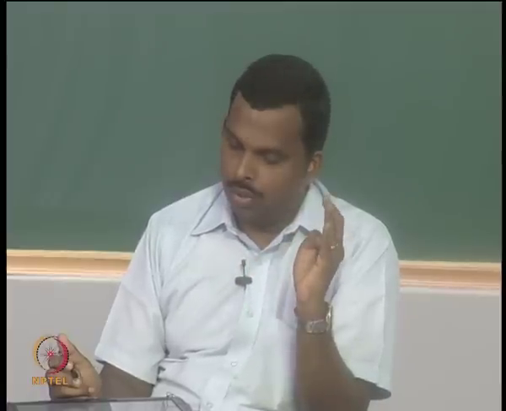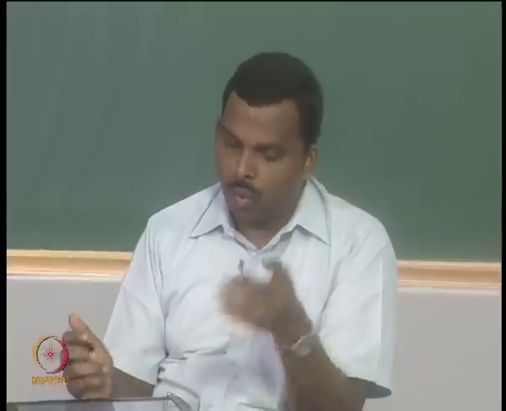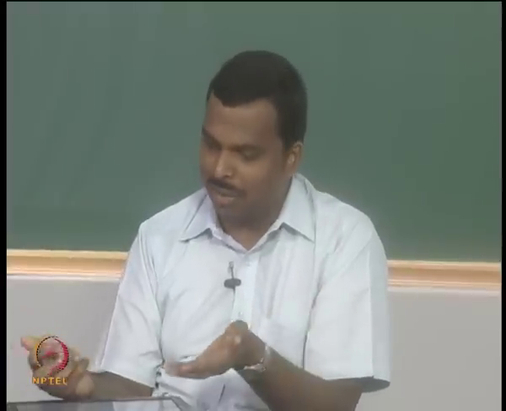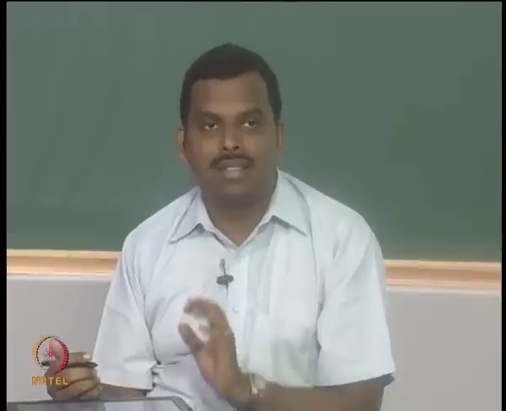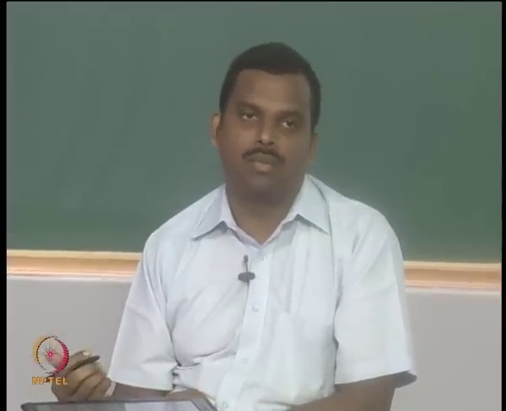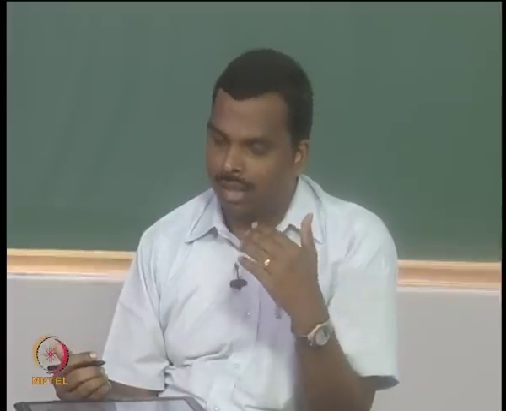So why the Tanner graph? You might say, okay, the parity check matrix itself has all this information, why do I need to go to the Tanner graph? It turns out the decoder that we will be considering for LDPC codes, which works really well and provides capacity-achieving performance, etc., is described usually on the Tanner graph. Okay. So, you remember I was talking about suboptimal decoders just a little while ago.